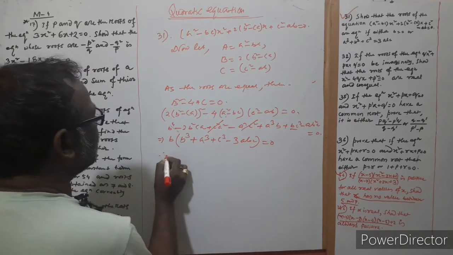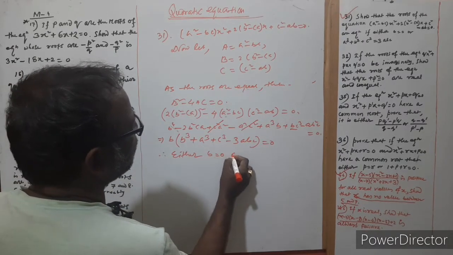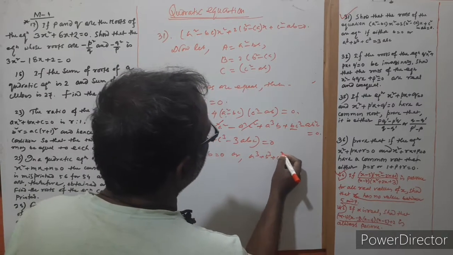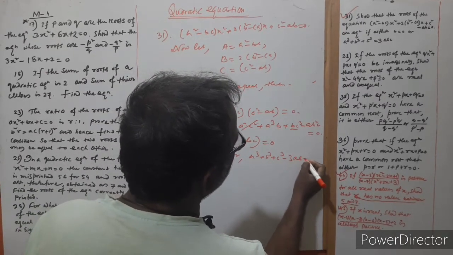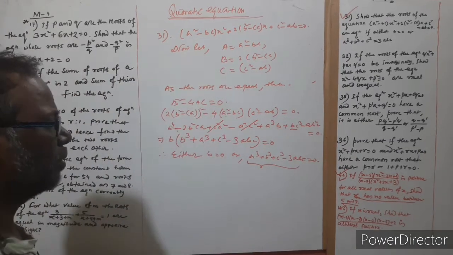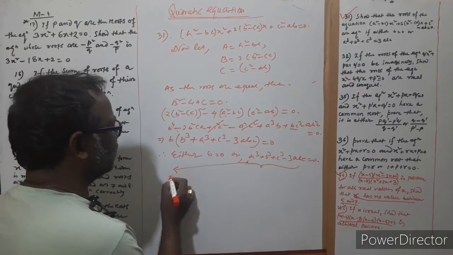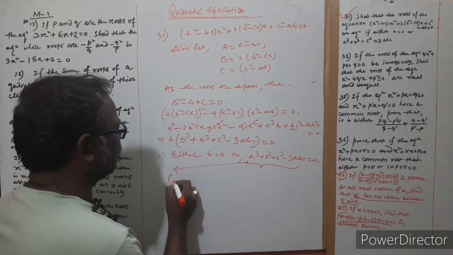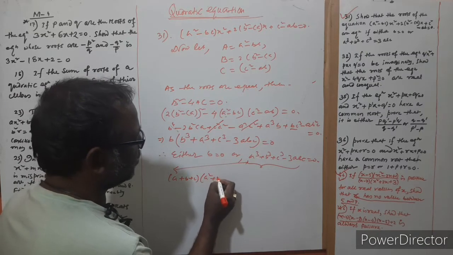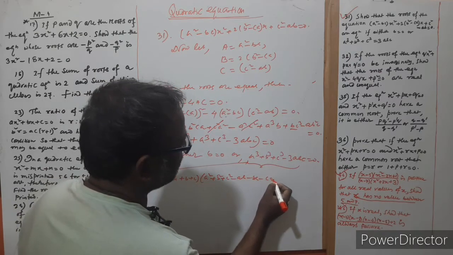So therefore either b equal to 0 or a cube plus b cube plus c cube minus thrice abc. And this is your proof, but some other problems need to factorize this. If we factor, then we get a plus b plus c, and a square plus b square plus c square minus ab minus bc minus ca is equal to 0.